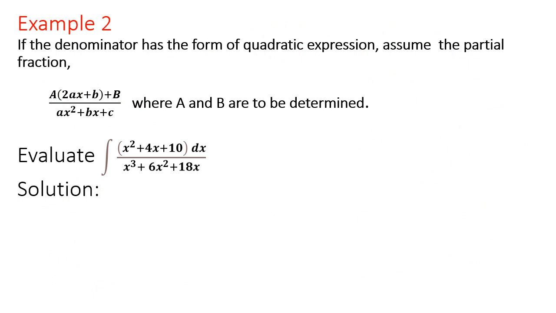Example: if the denominator is of the form quadratic expression, assume the partial fraction (2ax + b) plus B over ax^2 + bx + c. Example is evaluate the integral of (x^2 + 4x + 10) over (x^3 + 6x^2 + 18x).